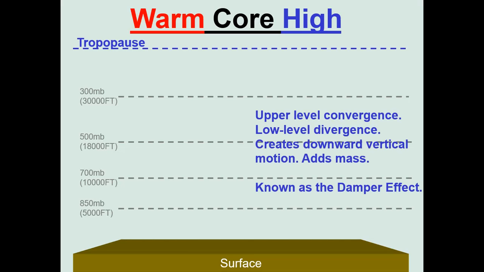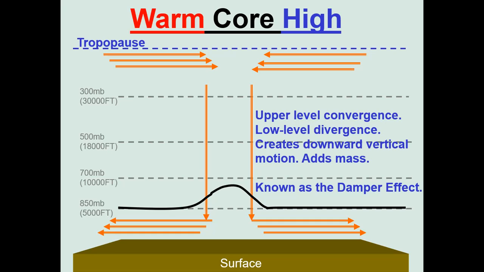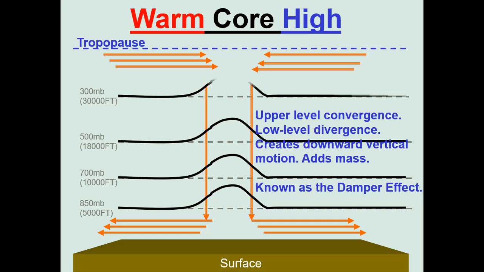You get this upper level convergence again where the air streams come together. Okay? As they meet each other, they have to go somewhere, so that results in that sinking air motion downward. And then as that sinking air motion hits the Earth's surface, you get that low-level diverging air where it's spreading apart. And notice there is that little hill below the blue H here.